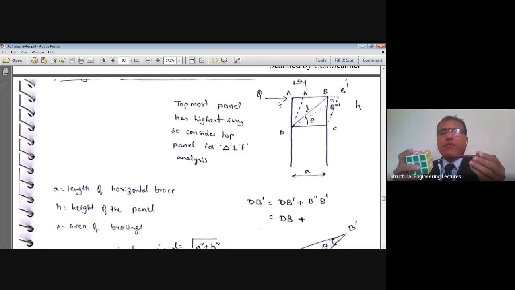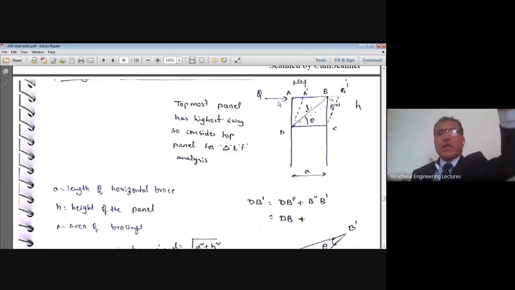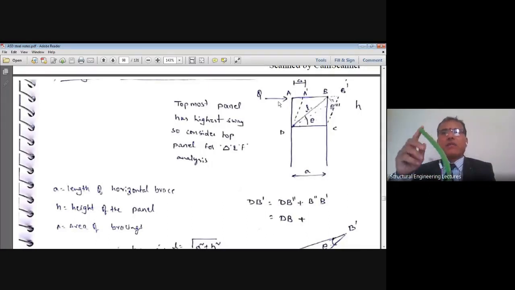Therefore, with that force, the staging will try to rotate about the vertical axis. Then what is that sway? Measured from the initial position, delta, right? That is how it is denoted by delta. Previously, the panel A, B, C, D before application of this lateral load, which was either square or rectangle, will deform to a new position A prime, B prime, C, D, by just considering the deformation of only one panel, right?